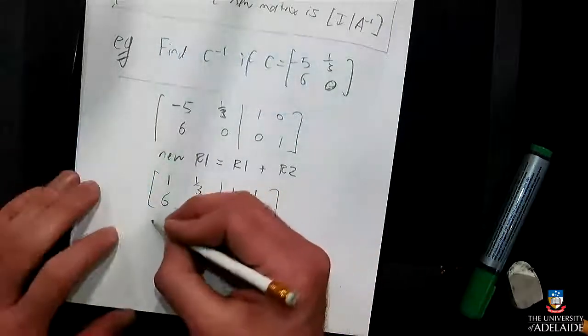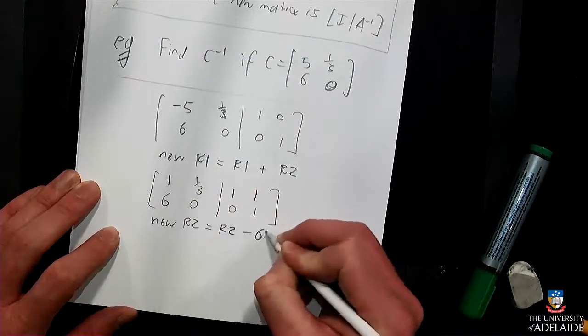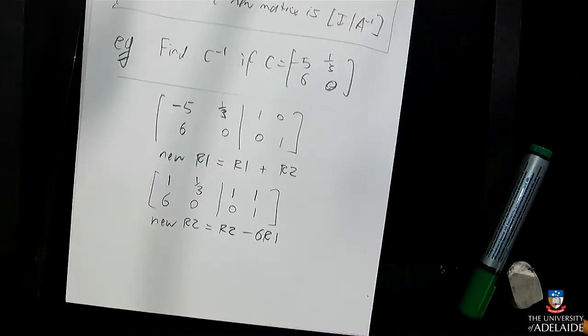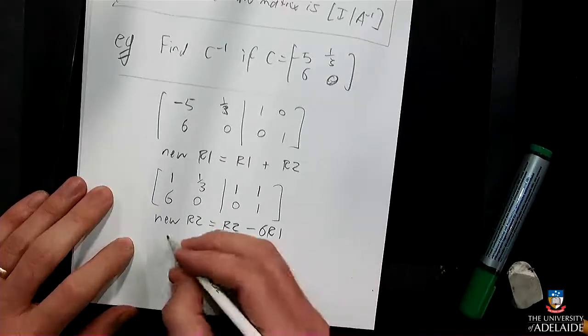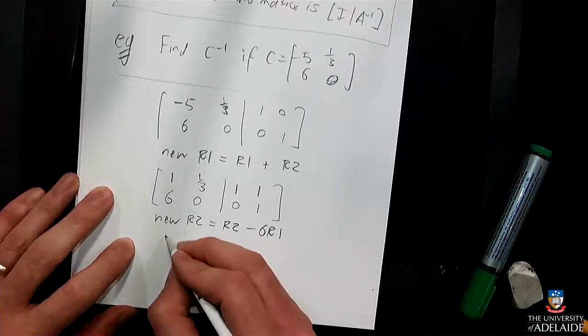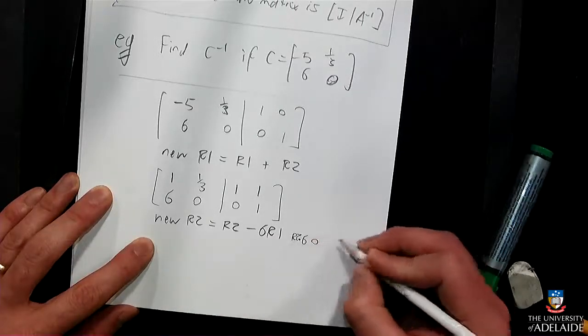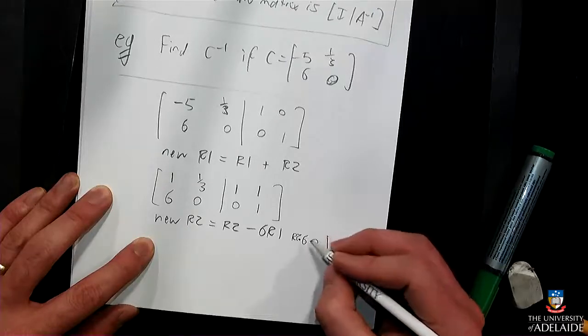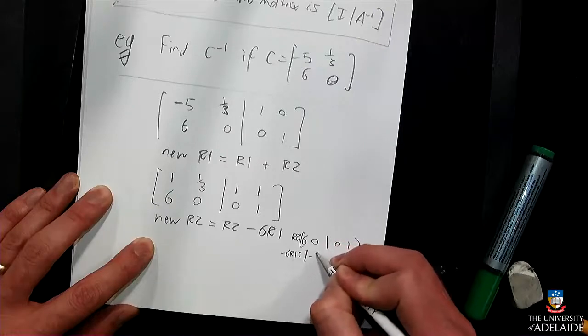Okay, so let's go. My new row 2 is my old row 2 minus 6 of row 1. Now this is what the old row 2 was, 6, 0, 0, 1, and this is minus 6 of row 1, which is minus 6.